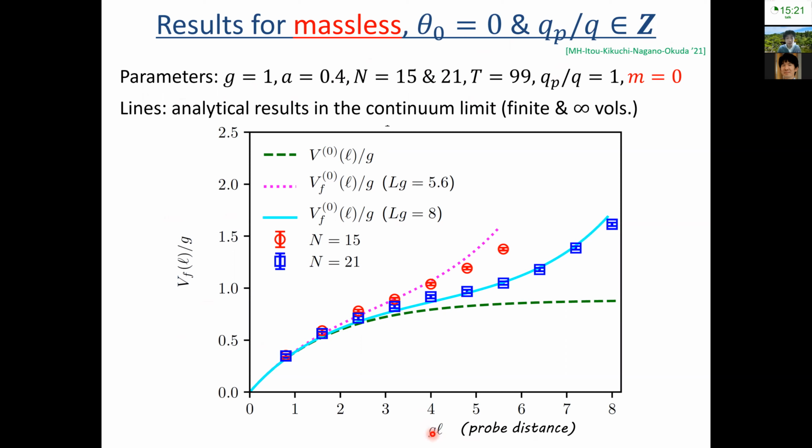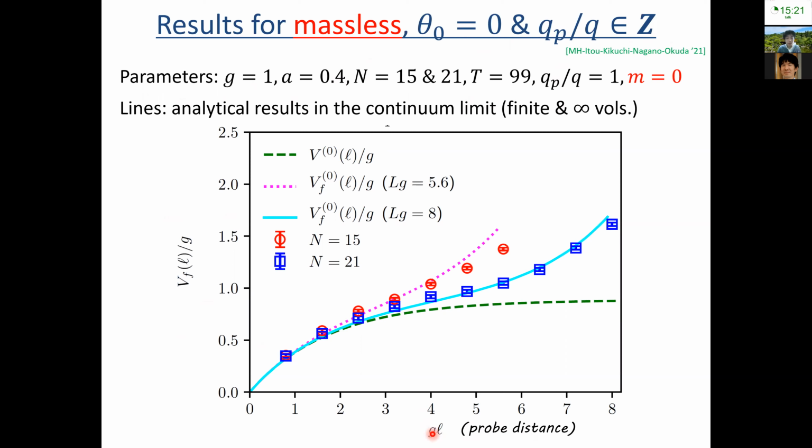And this was a result when Qp is Q times an integer. Let us consider a different case. And this is the result when Qp is a quarter times Q. And here we have a linear behavior of the potential.